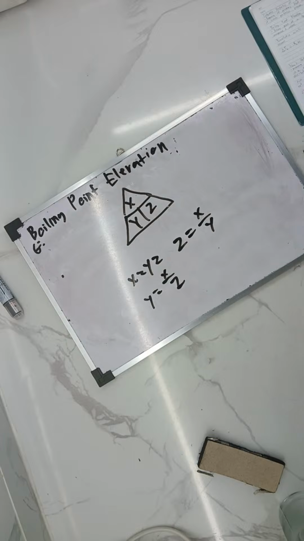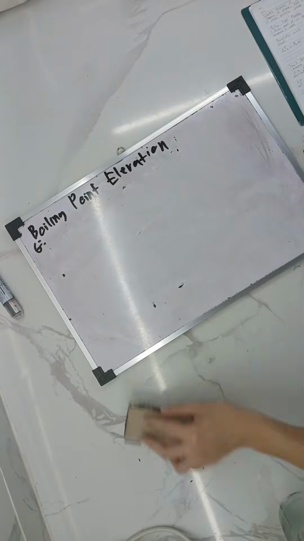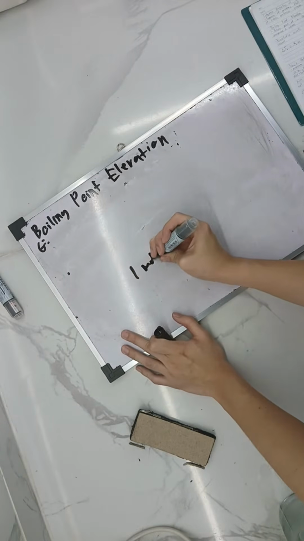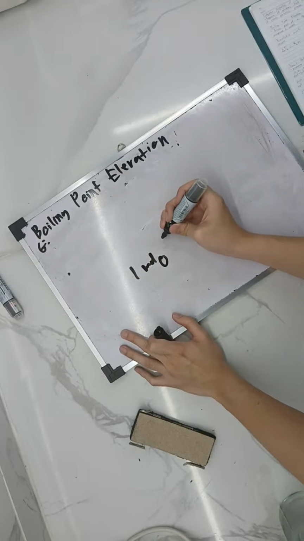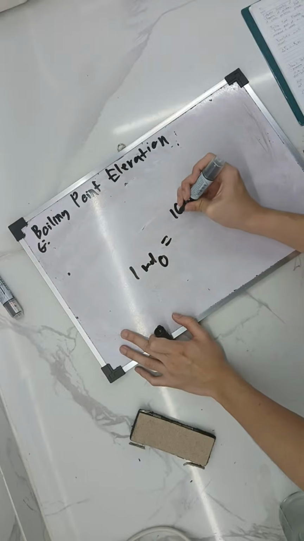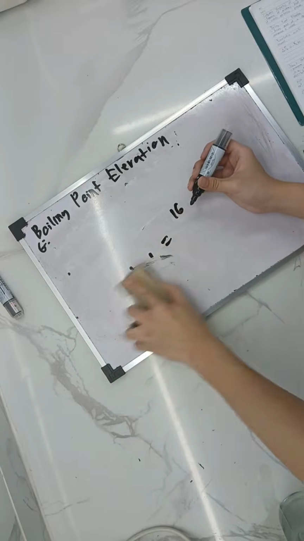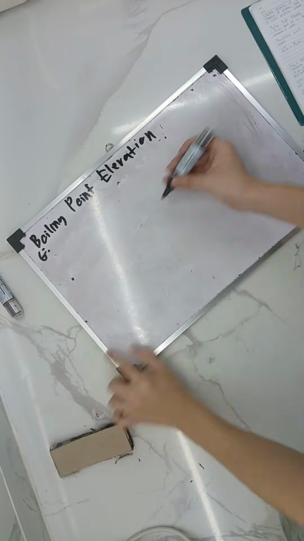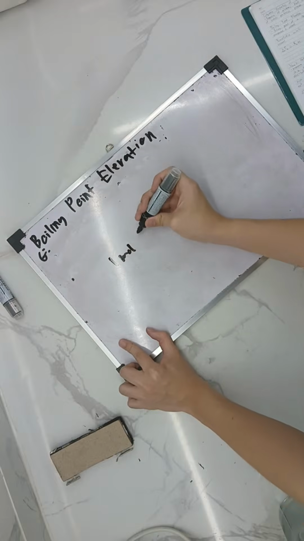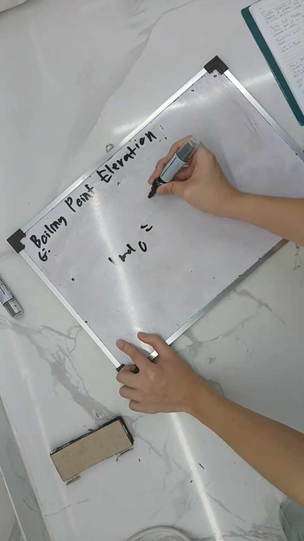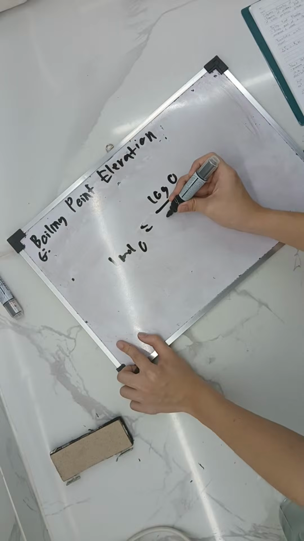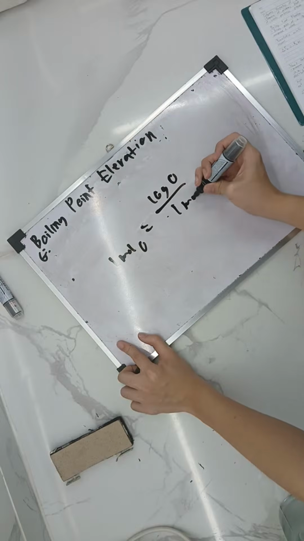But it doesn't always have to look like a pyramid. Sometimes you'll see it in more common contexts. For example, let's say we're given 1 mole of oxygen is equal to 16 grams of oxygen divided by 1 mole of oxygen.